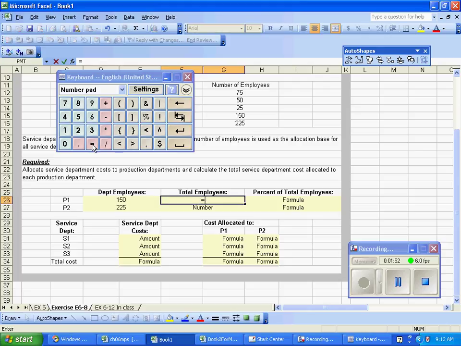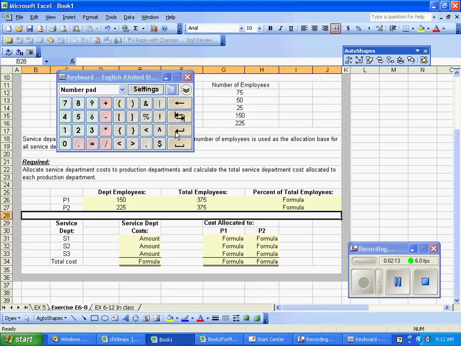So we're not considering the service departments. So 150 plus 225, and do the same thing here, equals 150 plus 225. So then, what do we do next?